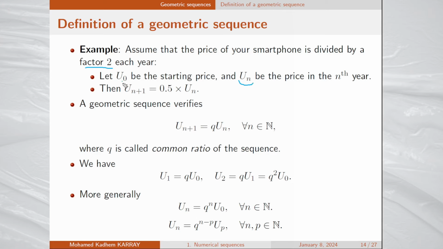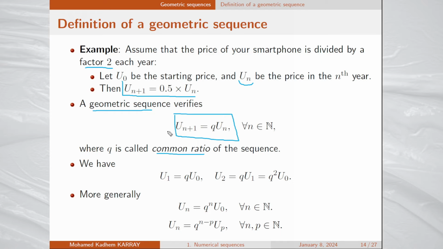Then we have the relation that the price at year n plus 1 is 0.5 multiplied by the price at year n. More generally, a geometric sequence verifies un plus 1 equals q multiplied by un for any n, where q is called common ratio of the sequence.